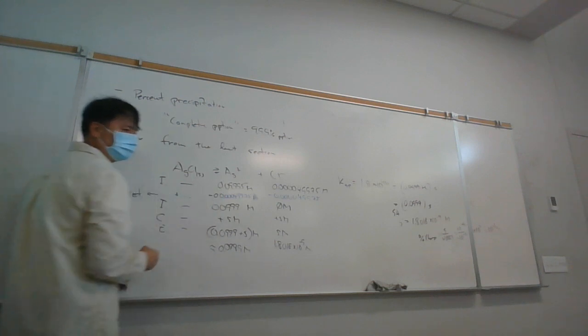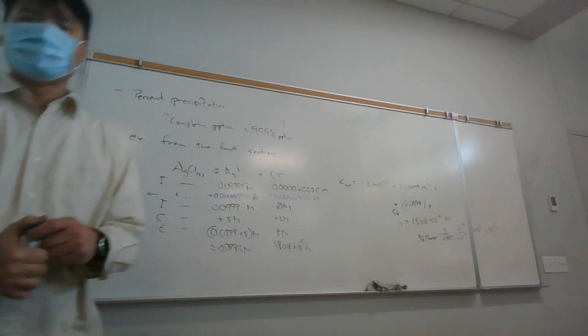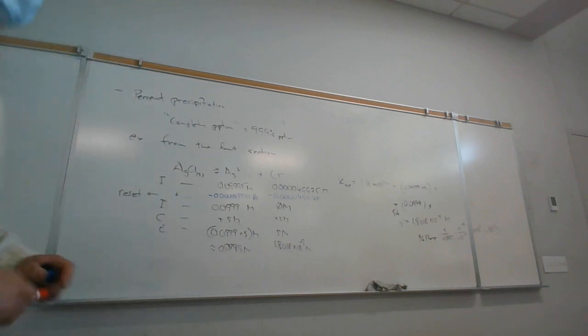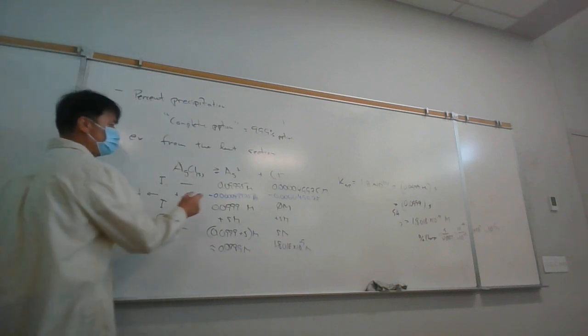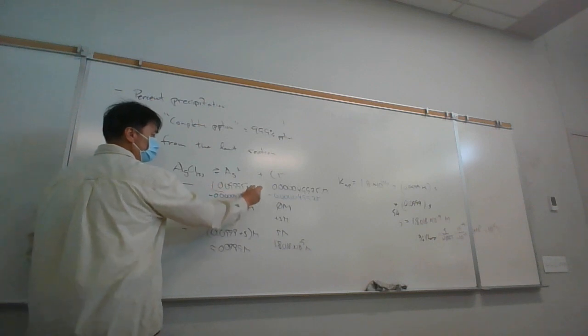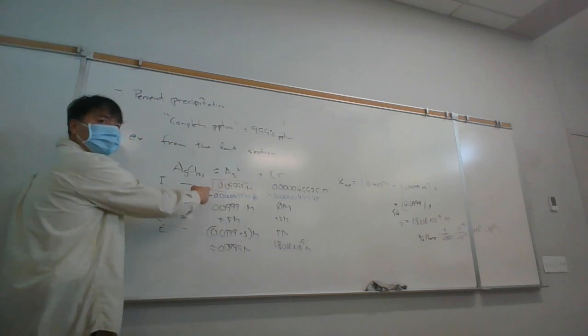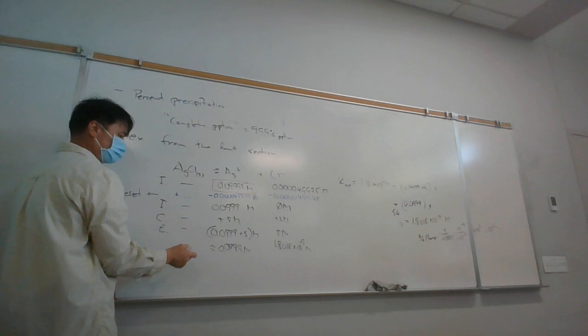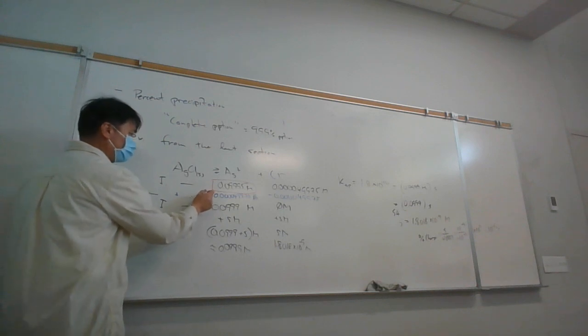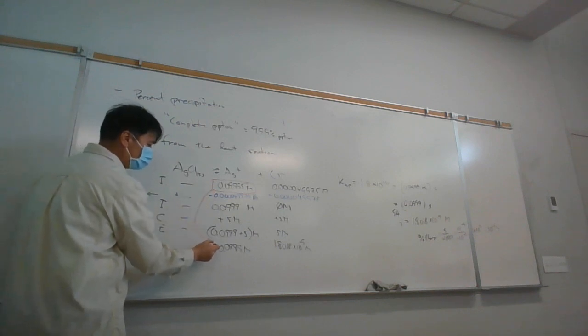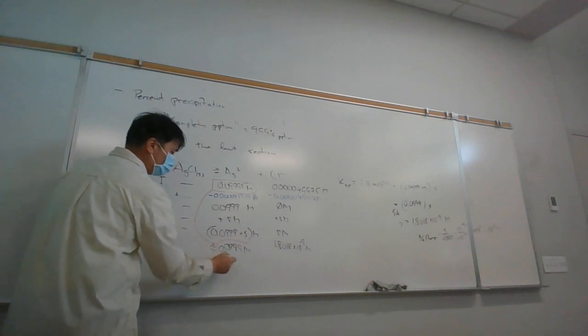What I have to do is, this is a little bit tricky. I have to go back to the original silver, not the original silver after solution dilution. So this is my initial. And then I look at how much I have at the end.